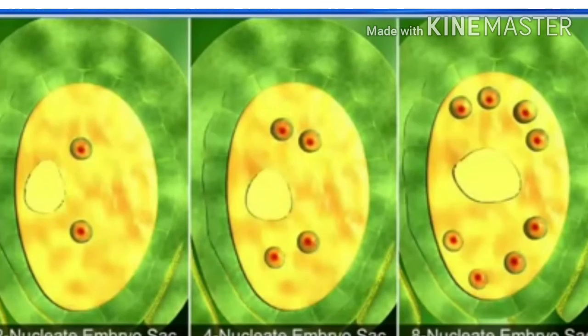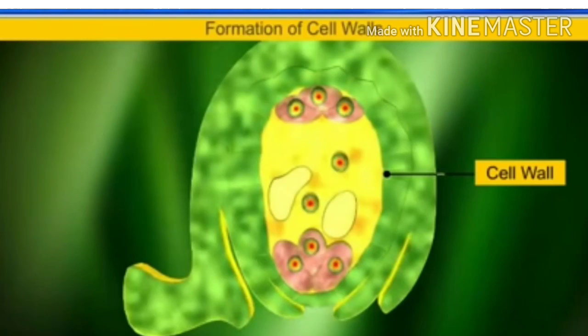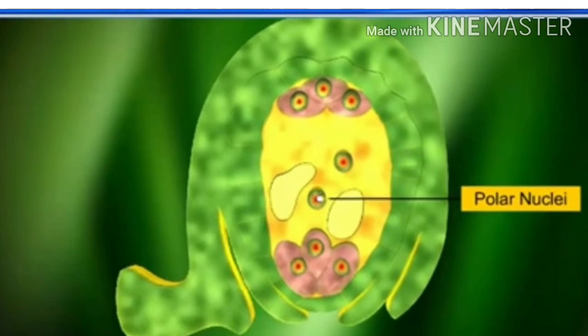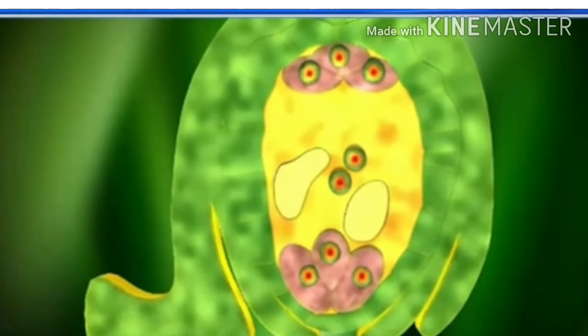The eight nuclei are 3 antipodes, 2 polar nuclei, 2 synergids and 1 egg. Six among the eight cells are surrounded by cell walls and the remaining two are arranged in the central cell.